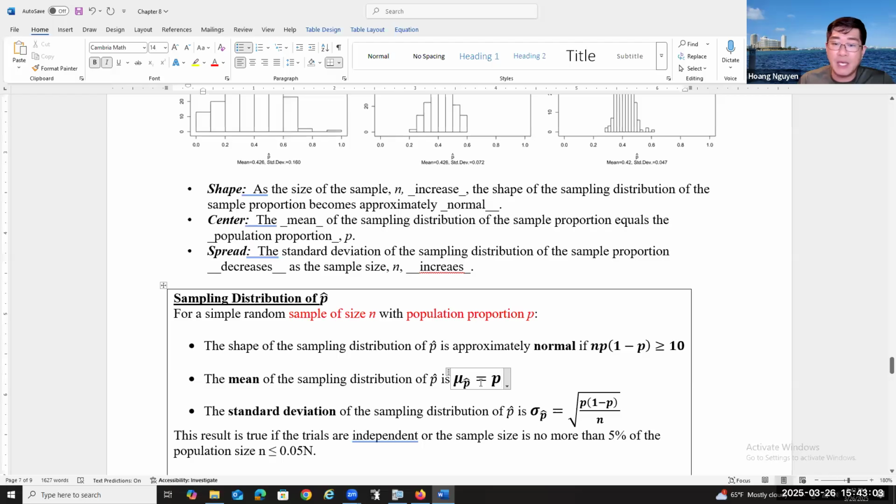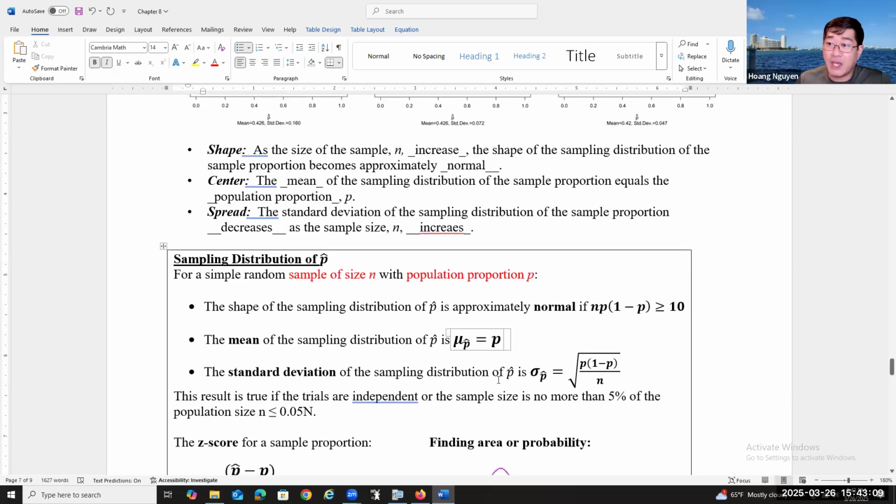How about the standard deviation or the spread? The standard deviation of the sampling distribution of p hat is equal to the square root of p times 1 minus p over n. So this is going to be the standard deviation or the spread of the sampling distribution of the sample proportion.